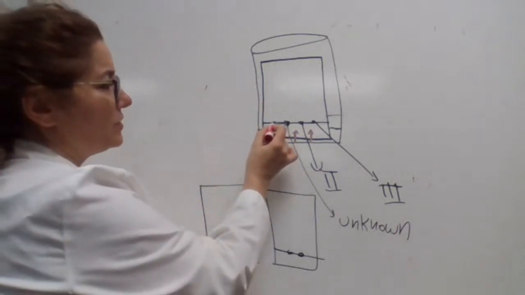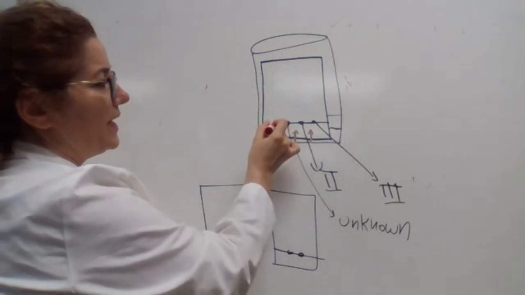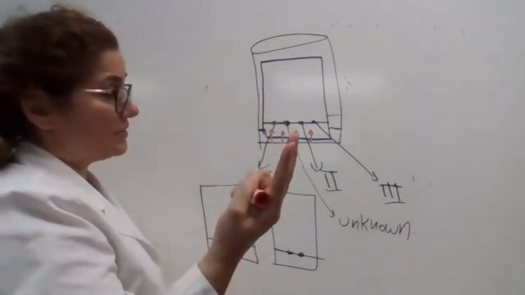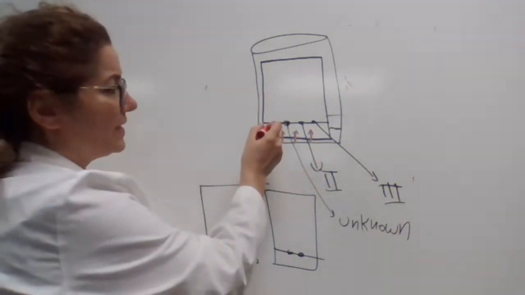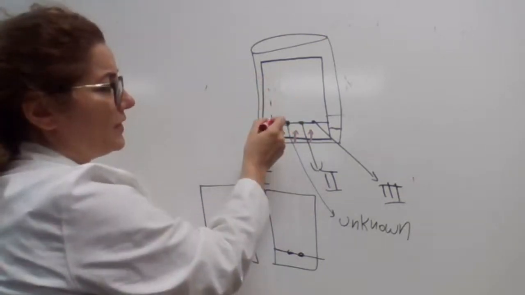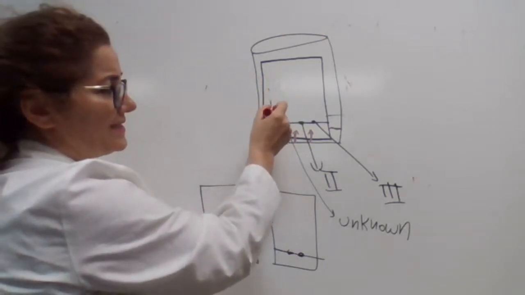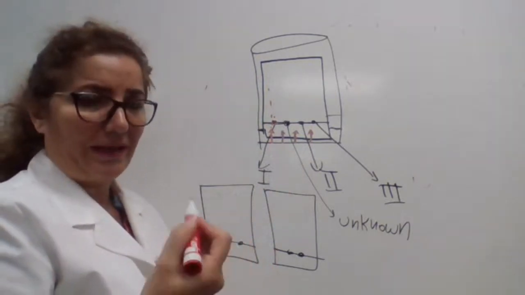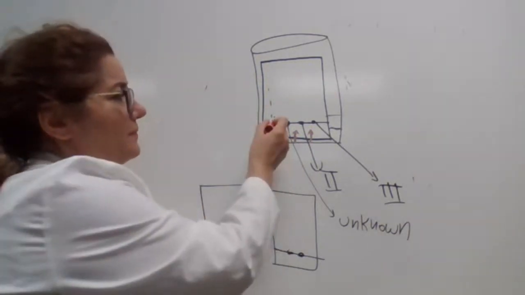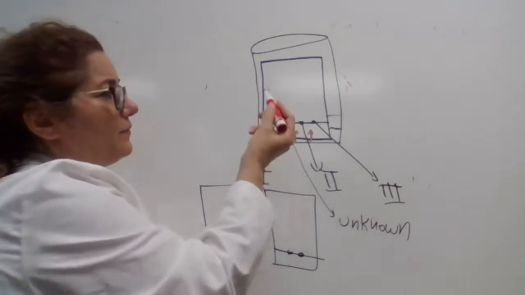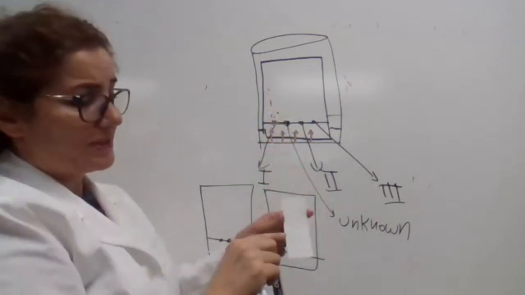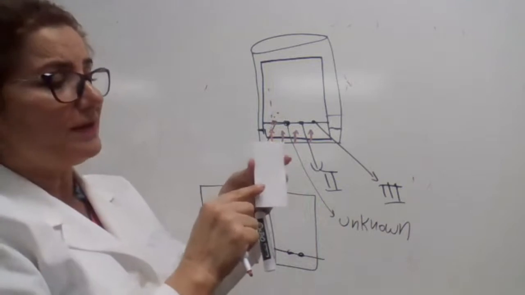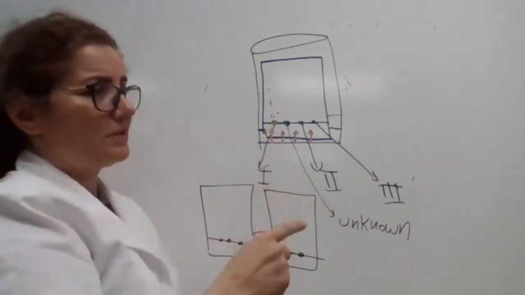As the solvent reaches this sample, your sample then has two choices: to be friends with the solvent and move up, or to be friends with the stationary phase and stay there. It depends on the interaction between your sample and the stationary phase, which is this polar powder or coating we have, and the solvent.